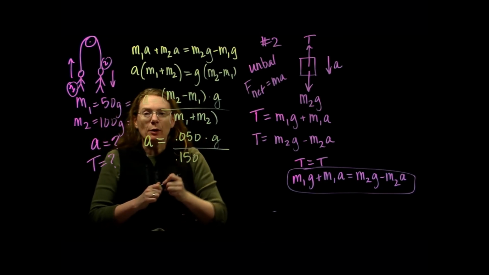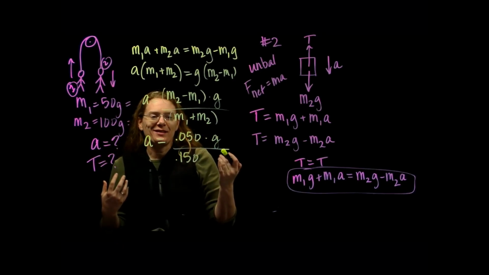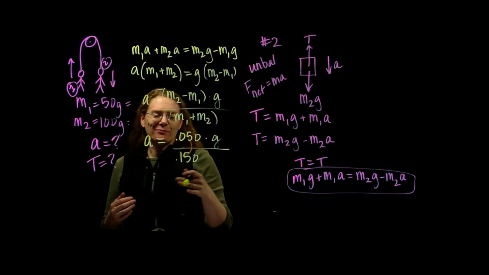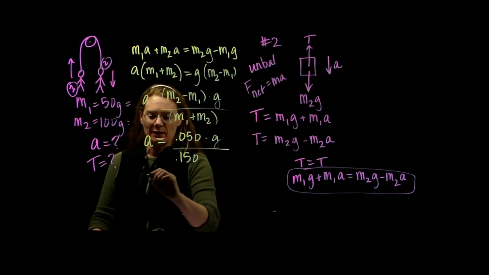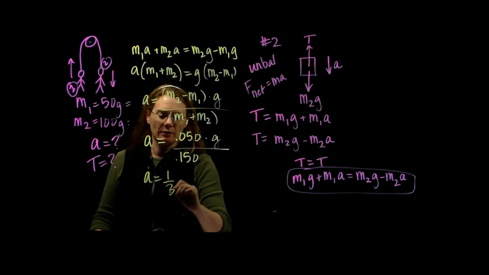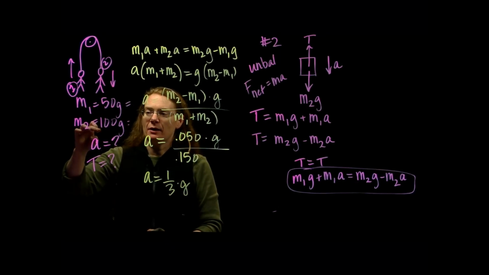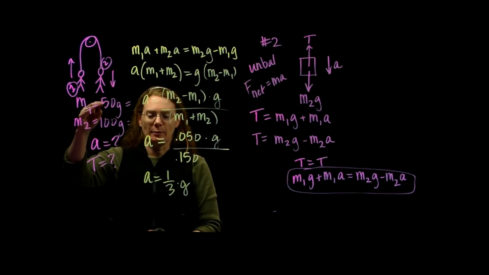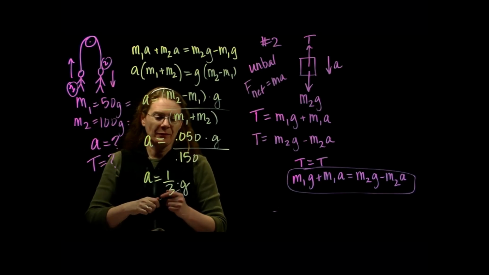And now, if you just punched all these numbers into your calculator, you wouldn't see the prettiness, I don't know what to call it. It's quite beautiful. This turns out to be exactly 1/3 of gravity. When the mass here is double the first mass, the acceleration is 1/3 of gravity.